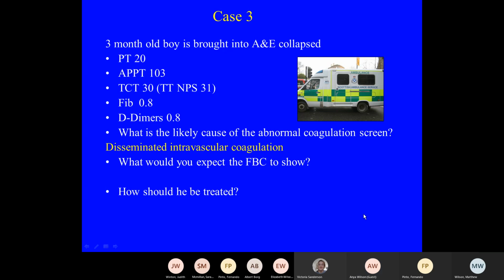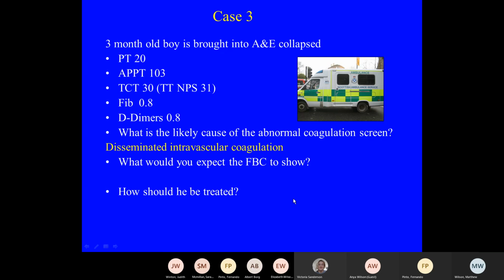Obviously, it's very artificial, me just telling you a child is unwell, brought in, collapsed. It could be all sorts of things, but it's just to give you an idea that in the unwell child and badly abnormal coagulation screening, DIC is obviously a cause that needs to be in the differential diagnosis.